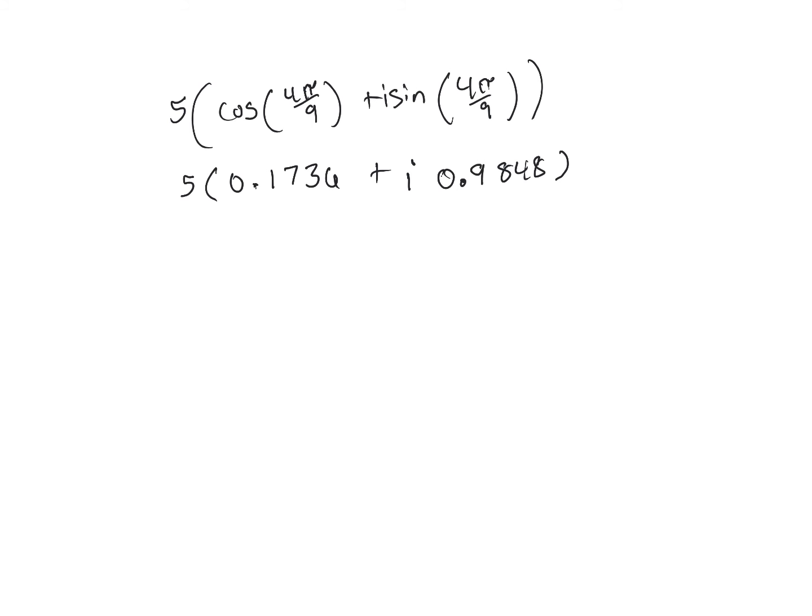Then we distribute the 5, so 5 times 0.1736 gives me about 0.8682. So we distribute the 5 to each one of these. And 5 times 0.9848 should give me 4.924i.